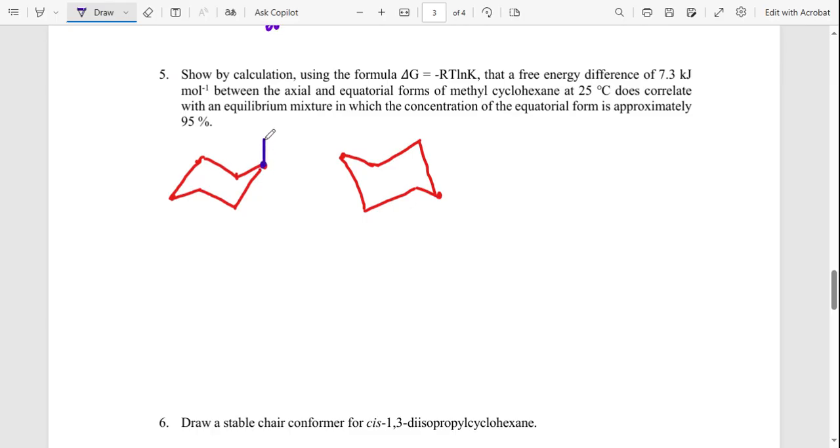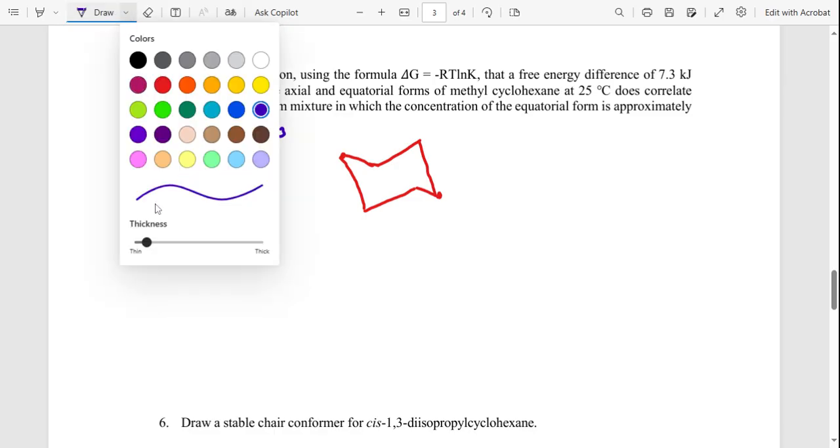If the methyl is facing upwards, and it's up to you to decide where it's going to face, so if it's facing upward here, it is in the axial direction. Axial is basically up.